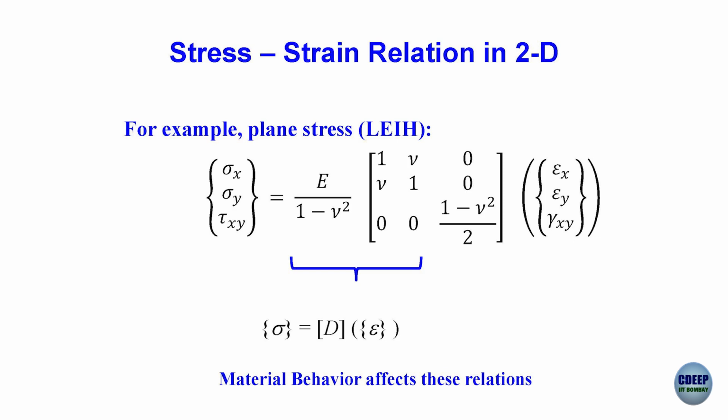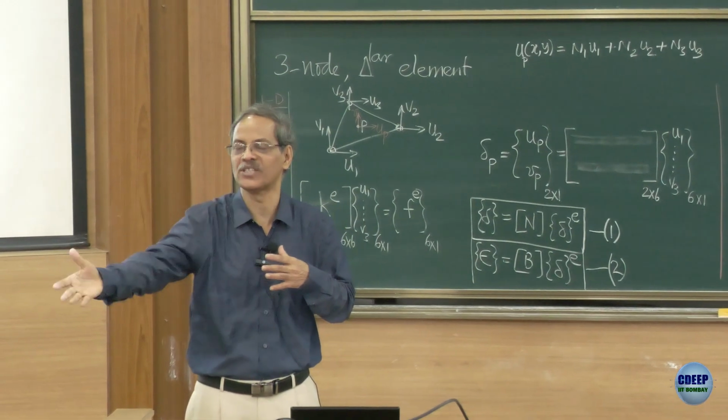So, if in a given problem the stress strain relation is not like this, for example, it is no longer linear elastic, it could be non-linear elastic, it could have entered into plastic zone. Deformation is so large, strains are so large, stresses are so large that it has entered into plastic deformation.